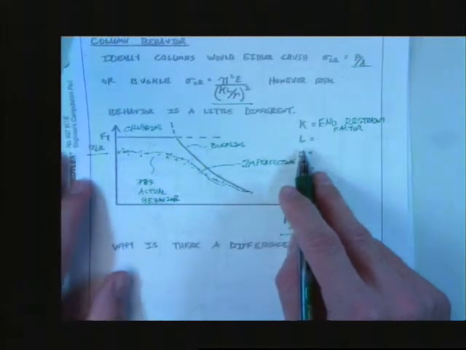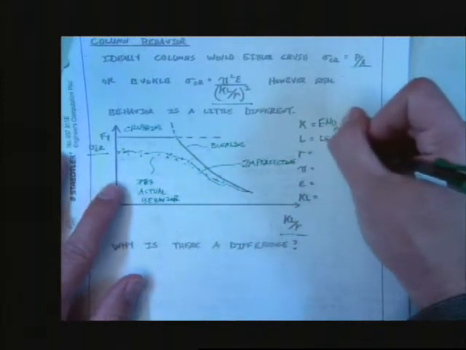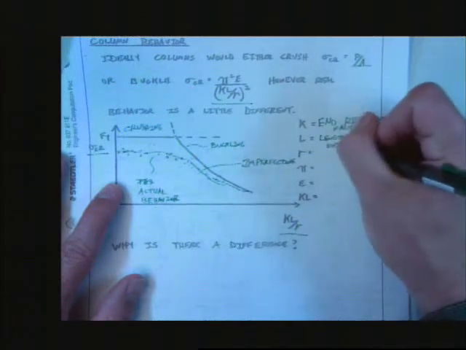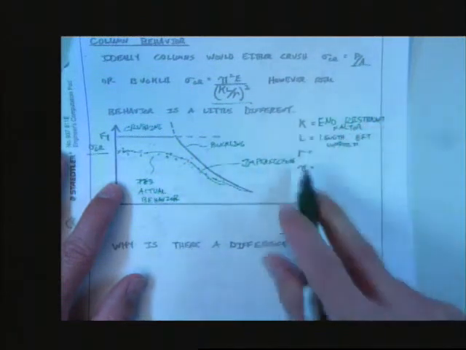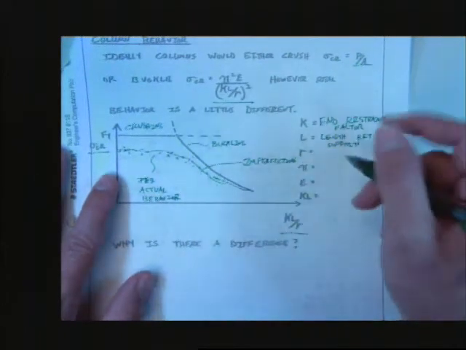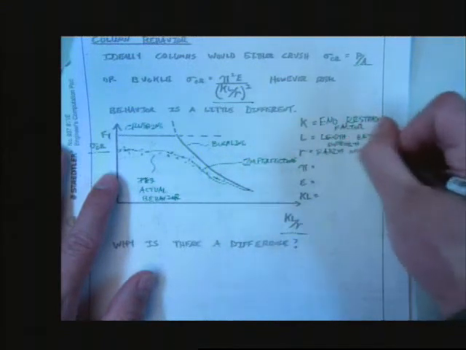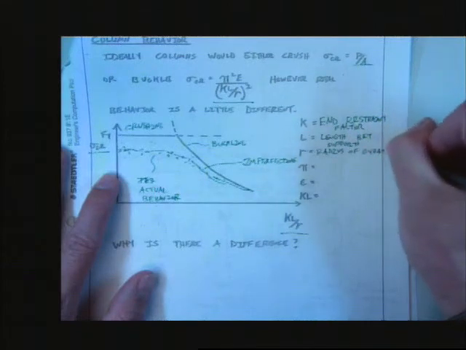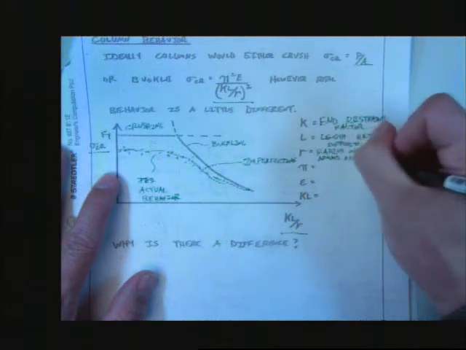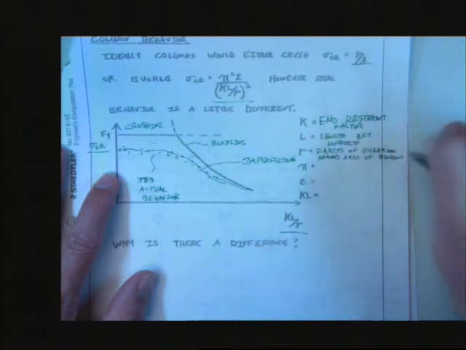Length of what? Your nose? The column. The length between supports, right? How about r? Radius of gyration around your axis of bending. That's right. Radius of gyration around axis of bending. What's pi?